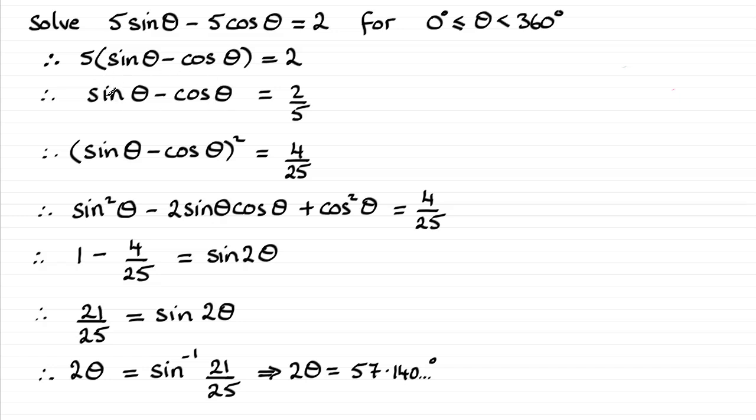Sine theta would be less than cosine theta. But for it to be a positive value, we need results where sine theta is greater than cosine theta. So our values of theta are going to be limited.